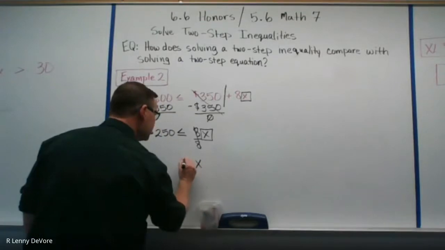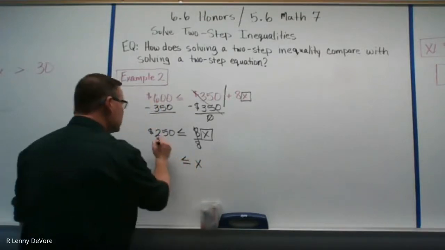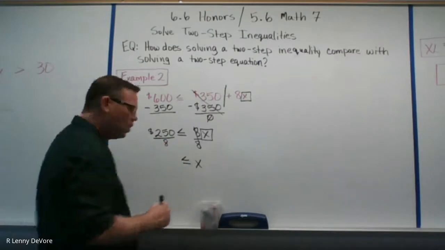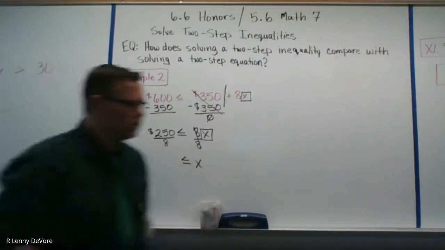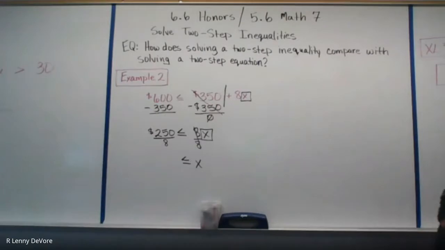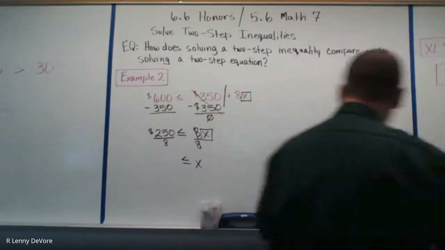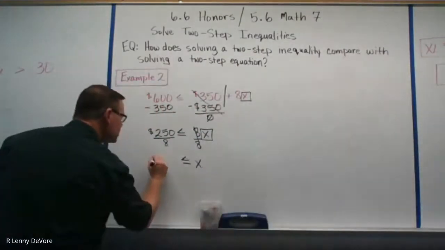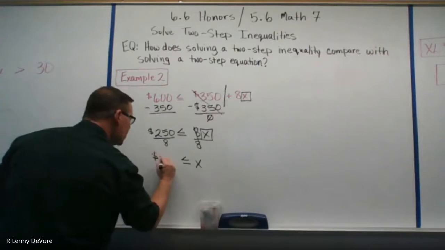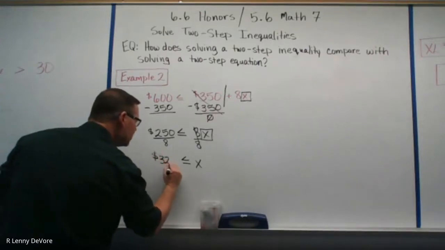So then we have the less than or equal to, but remember, I have to do it on the other side of the equation also. Now, when I divide this by 8, I get $31.25.